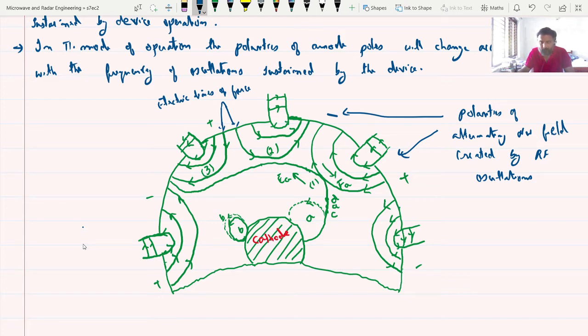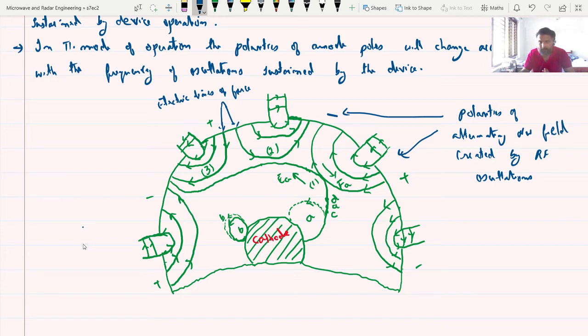Then the voltage and the fields are arranged so that by the time electron A comes to position 2, the RF field would have reversed its polarity, from minus to positive. Electron A encounters a situation similar to position 1 and it slows down further.